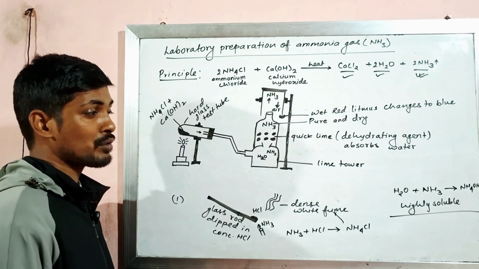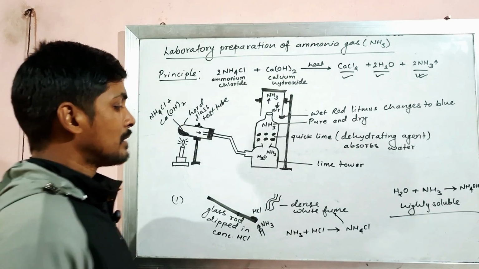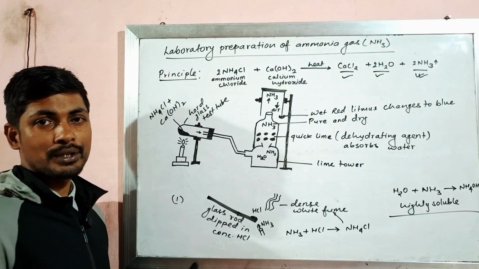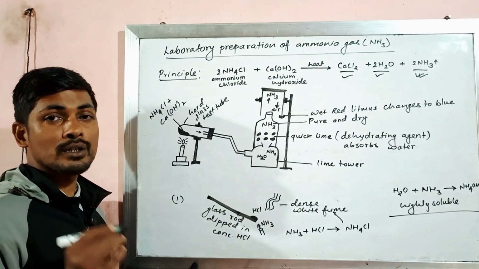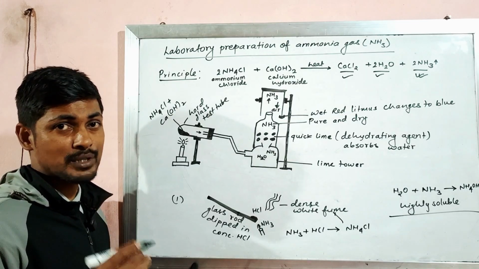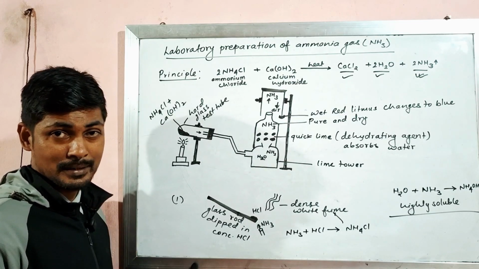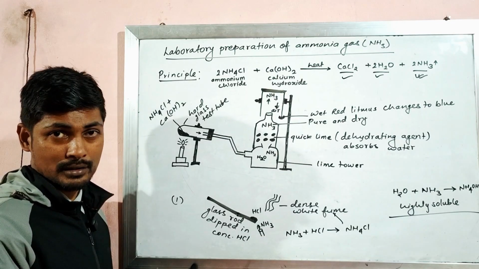Now, if we talk about the chemical properties of ammonia gas, then one of the very important properties of ammonia gas is this. Whenever ammonia gas comes in contact with any acid, then it forms an ammonium salt.